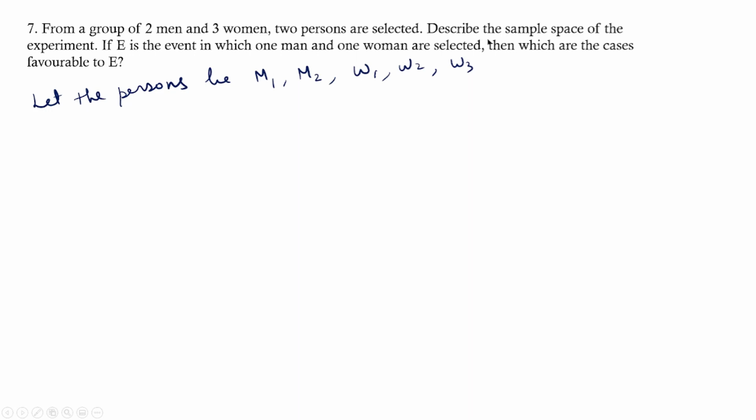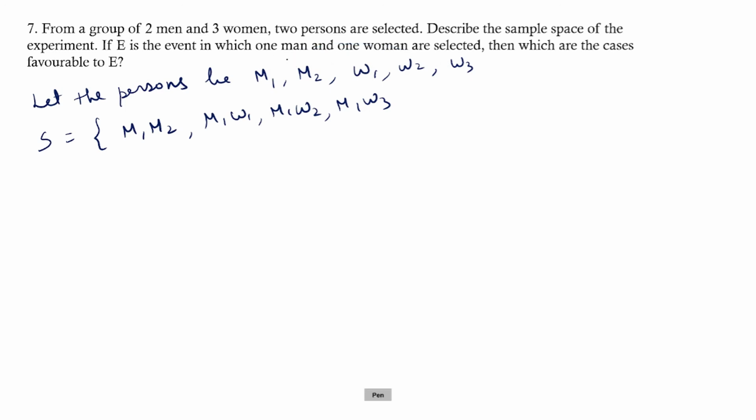And here the experiment is 2 persons are selected. So the sample space will be M1, M2, M1, W1, M1, W2, M1, W3.